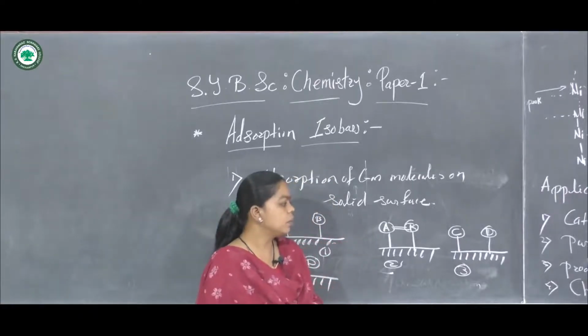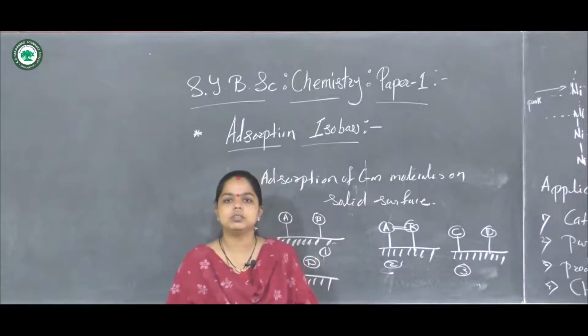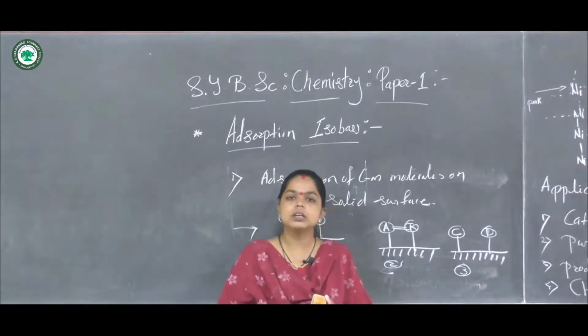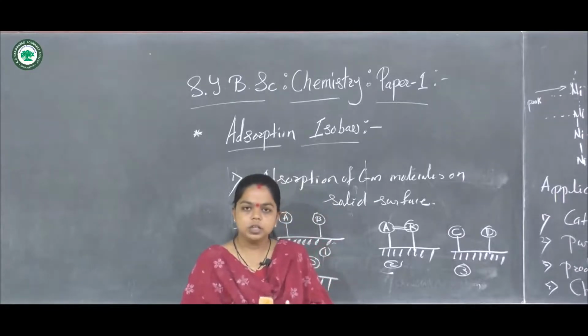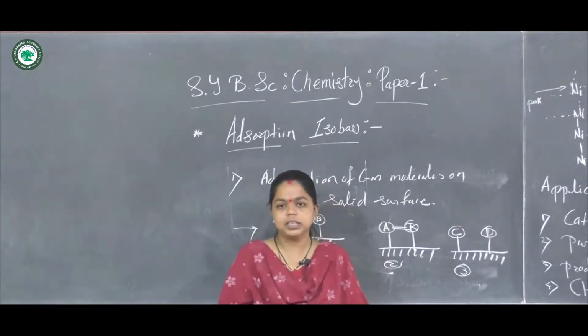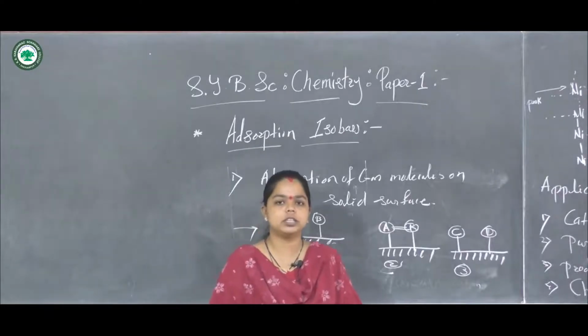Third is the production of high vacuum. We know that gas molecules easily get adsorbed on the solid surface. Now in this case, in order to form the vacuum, some gas molecules may still be present in the particular area where vacuum is to be generated.